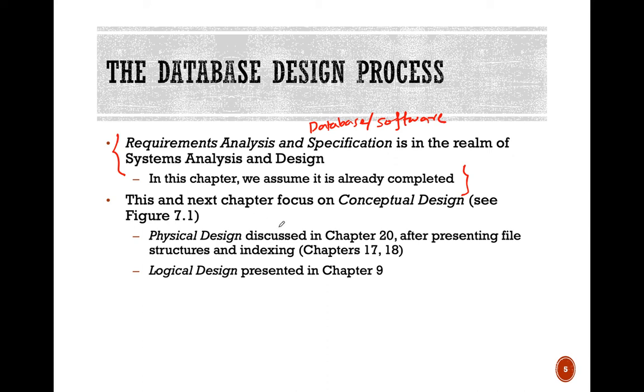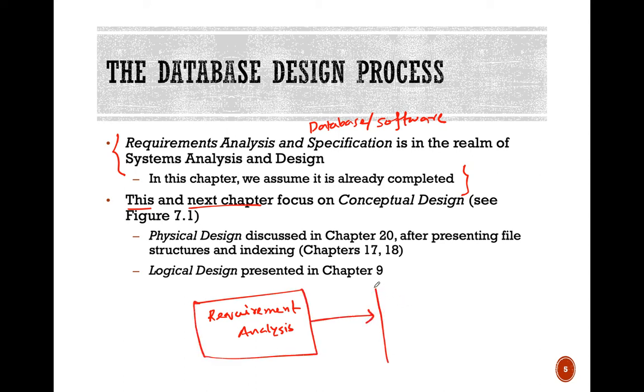This chapter and the next chapter will focus on the conceptual design. The conceptual design means we already have the requirement analysis. From that requirement analysis, we can design a conceptual schema.